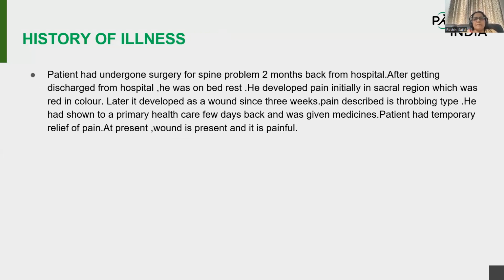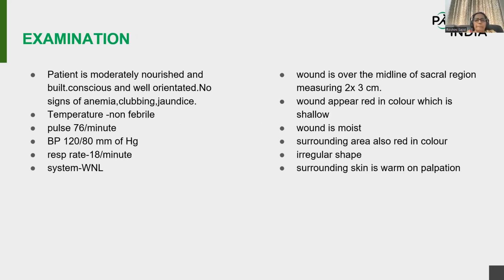After getting discharged from the hospital, he was on bed rest. He developed pain initially in the sacral region, which was red in color. Later, it developed into a wound 3 weeks ago. The pain is throbbing type. He was shown at a primary health center close to his house a few days back and was given medicines. The patient had temporary relief of pain. At present, the wound is present and it is painful.